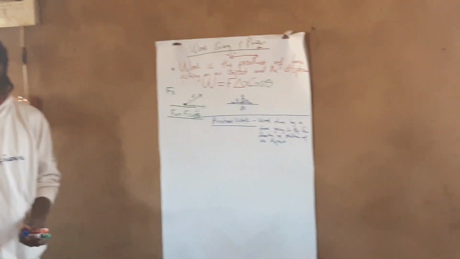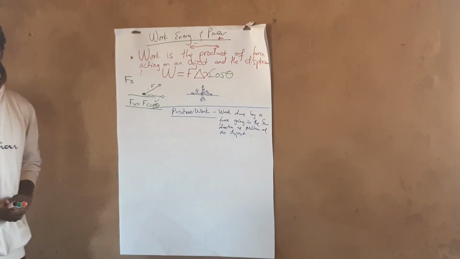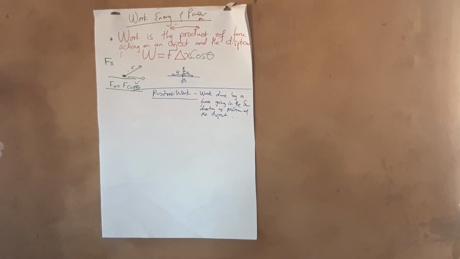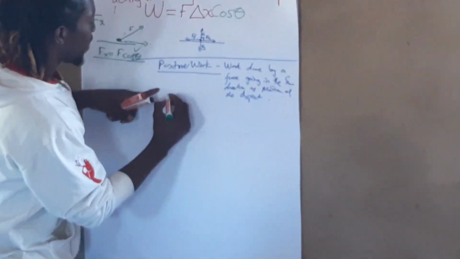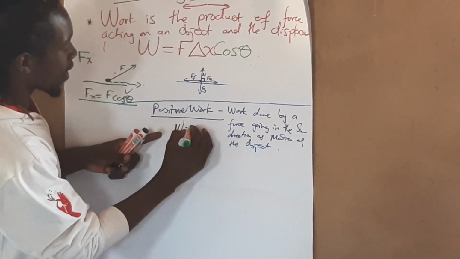It is when the force is going in the same direction as the motion of the object. If you are calculating this, the work is equal to F change in x and then cos 0, because it is going in the same direction as motion.